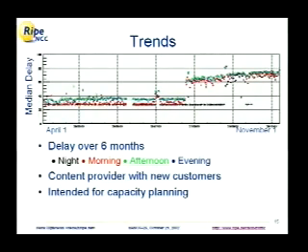We measure median delays over that period, and we group it into 4 intervals: night, morning, afternoon, evening, which correspond to the black, red, green, and blue dots in the plots. And we just plot it. This site was a content provider, and you see this nice trend like this. They hooked up some new customers somewhere in August.